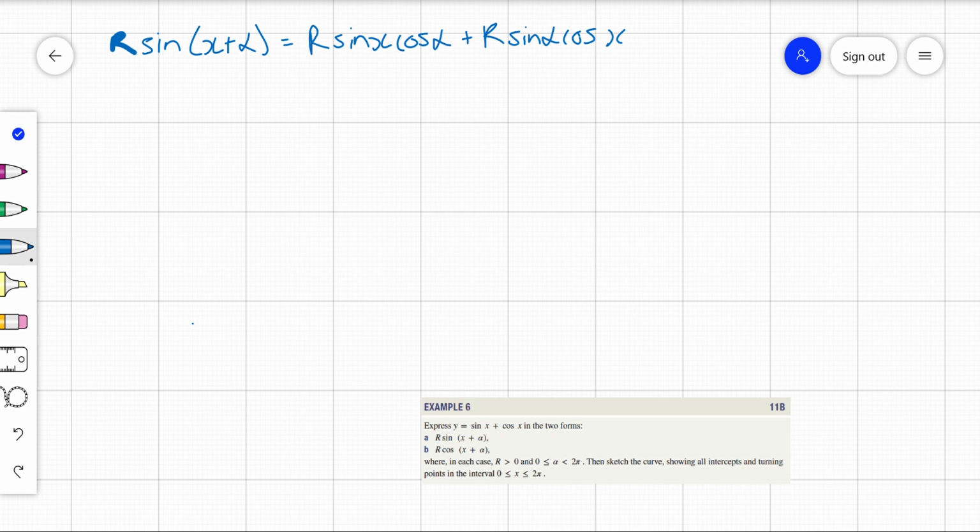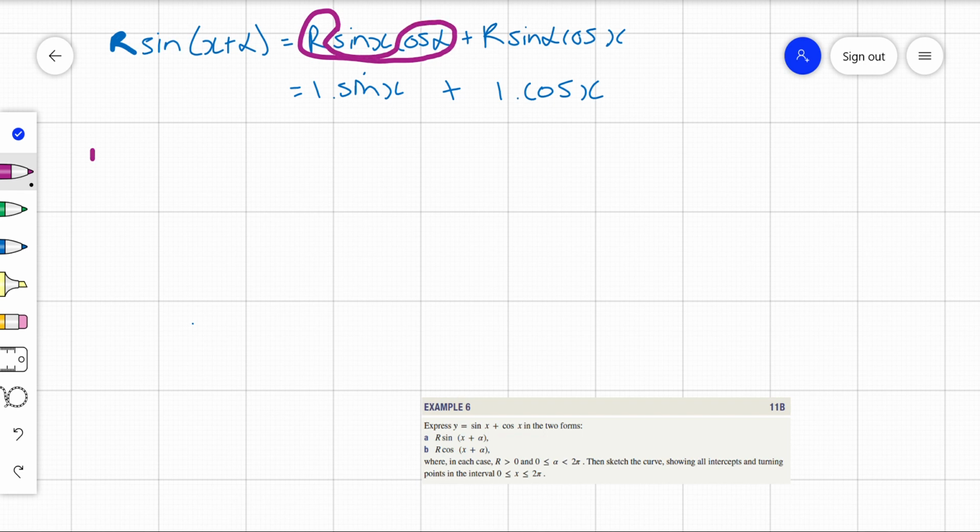Now, if we compare that to our sine x plus cos x, because we want it to equal sine x plus cos x, if I make that times 1, you can see that r cos alpha must be equal to 1, and r sine alpha must also be equal to 1.